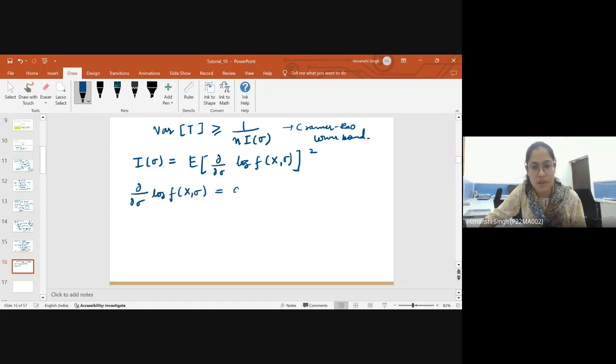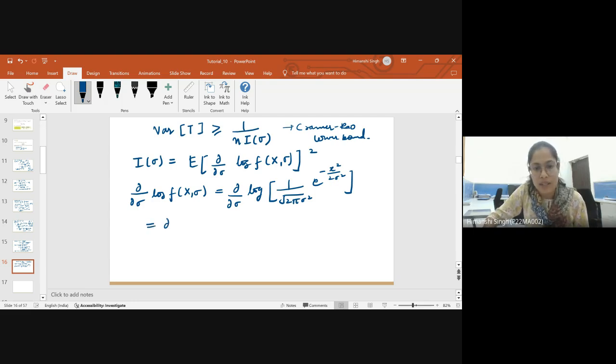What we have is the density, 1 upon under root 2 pi sigma square e to the power minus x square by 2 sigma square. Now when I take the log of this expression, for under root 2 pi it will be minus 1 upon 2 log 2 pi, and this is sigma, so it will be minus log sigma, and this will be minus x square by 2 sigma square, since log e is 1.